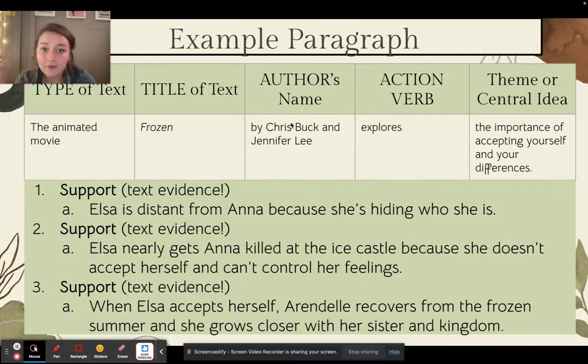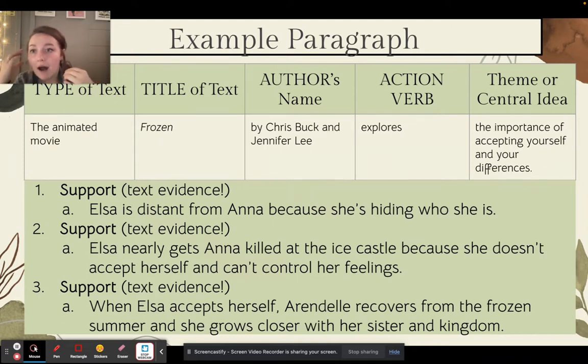We have the authors' names. These are actually the directors. But again, if you don't have an author, you can use a director, you can use a studio, you can use the organization who's responsible for the work. And for my action verb, I chose explores. And the theme that I picked for Frozen is that it's important to accept yourself and your differences.